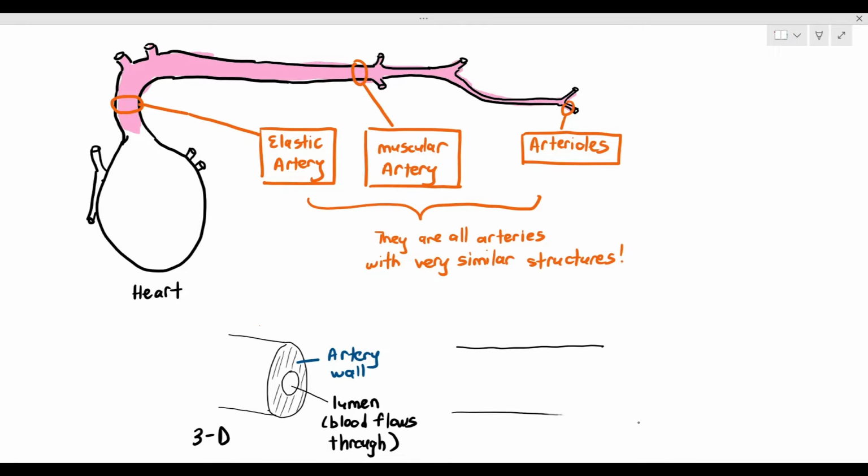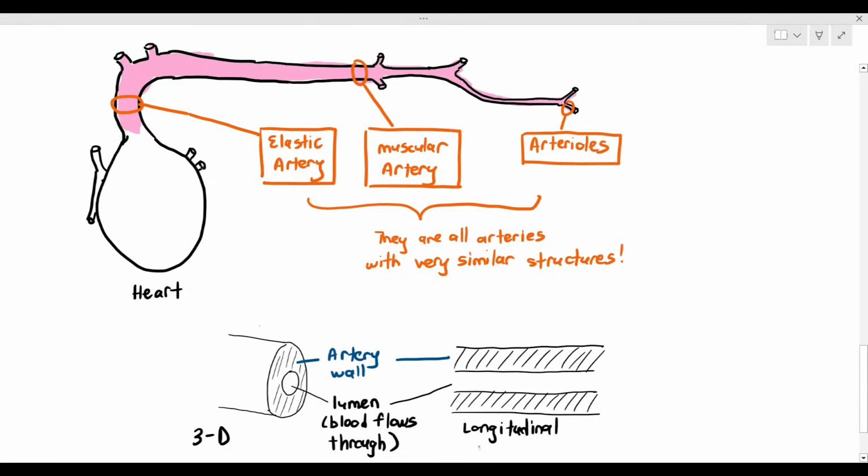Now, if we were to draw the artery as a side view, that is when we call it the longitudinal view, and I've also labeled the artery wall and the lumen, so you can see it right there in a 2-dimensional view. A more important section of the artery that as a student you must be familiar with is the transverse or cross section. That is when we are looking at the artery through the highlighted region.